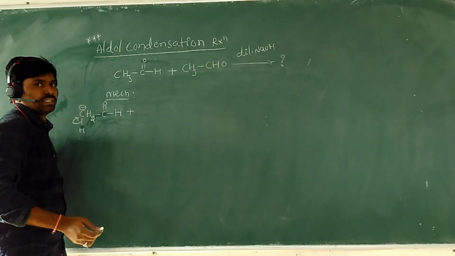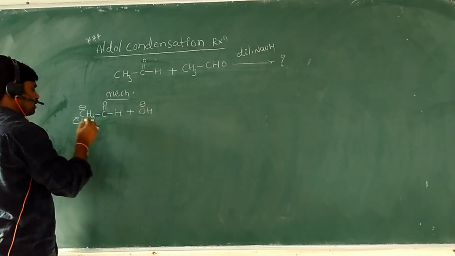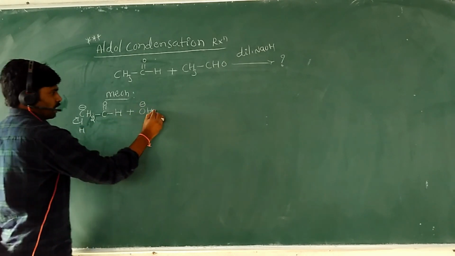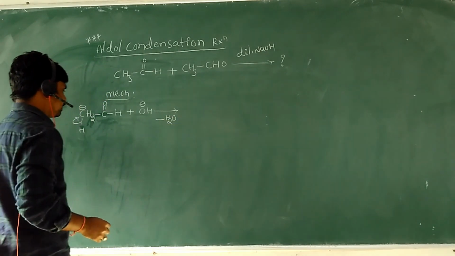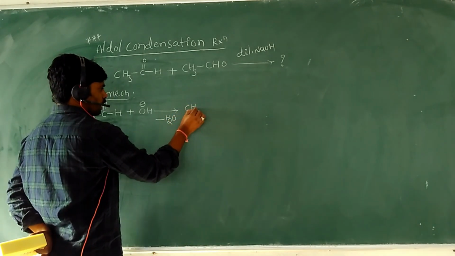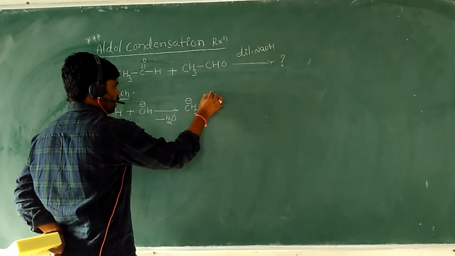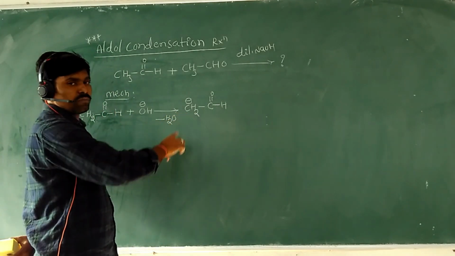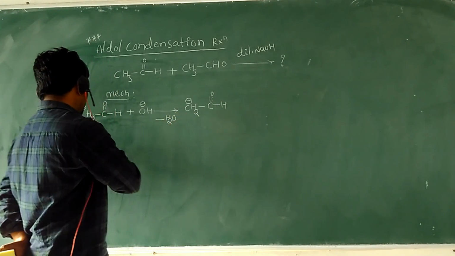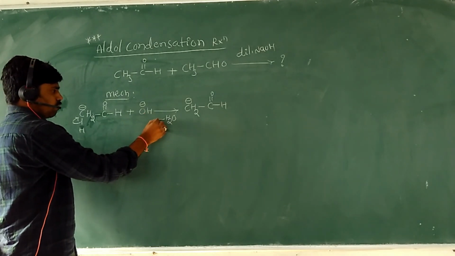Base condition. Now it releases OH minus. Very good. This is the O minus. Now this H plus and this OH minus bond to form water. Now there remains CH2 minus C double bond O. This is the carbanion forming there. After that, the hydrogen is removed by the hydroxide, forming water.